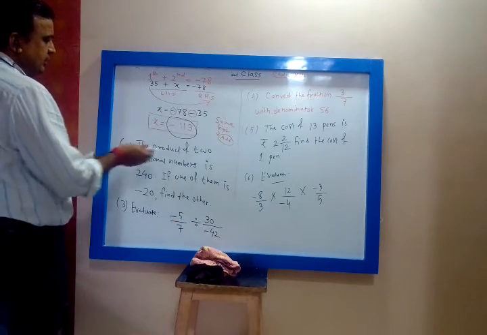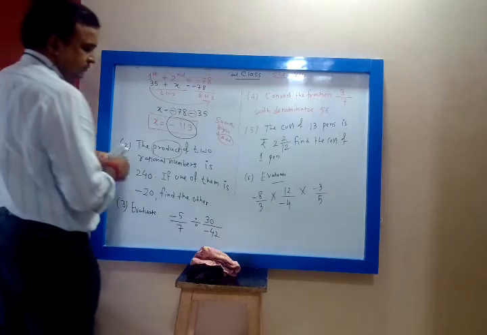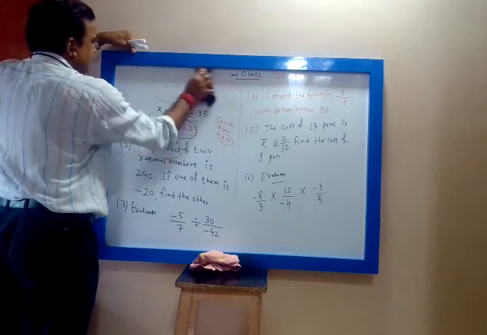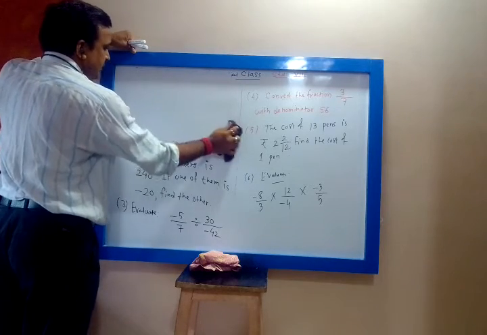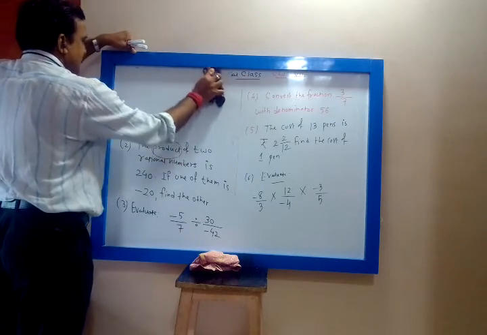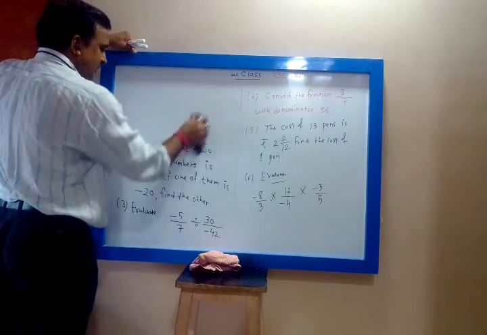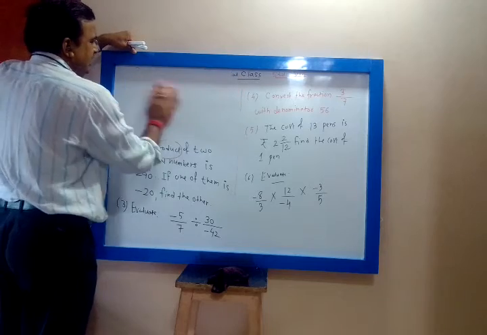So what do you mean by product? Multiplication. Product means multiplication. This you remember. So always in mathematics, whatever is given, you form the equation.